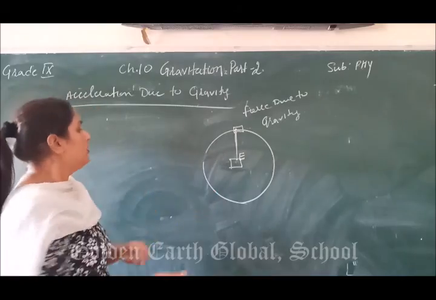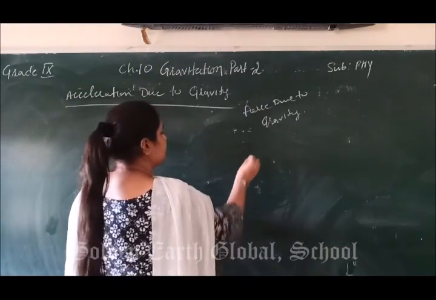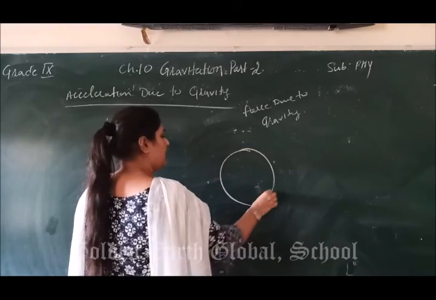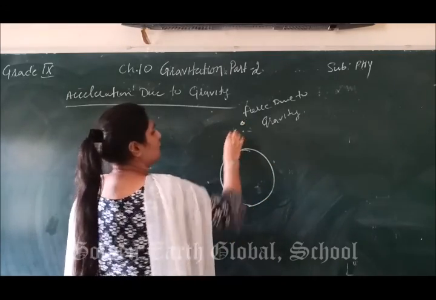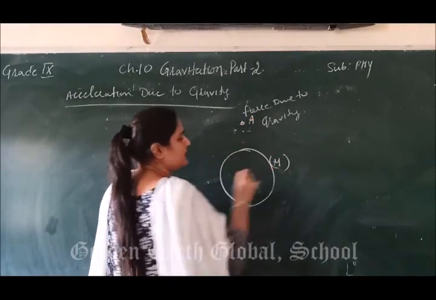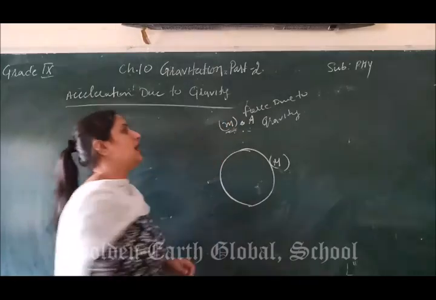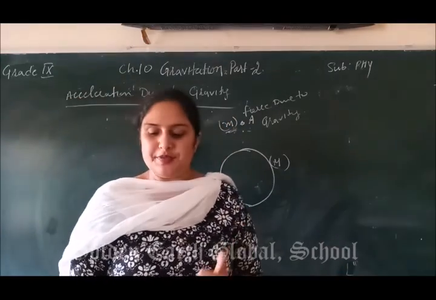Okay. Now let us suppose here is the earth and here is any object A, such that capital M is the mass of the earth and small m is the mass of the object.